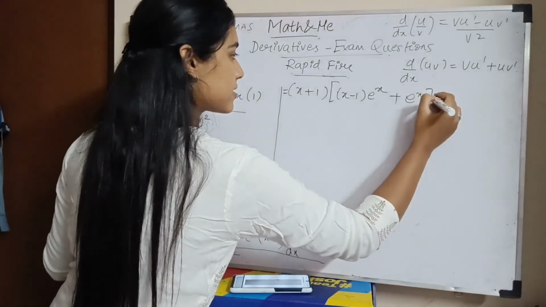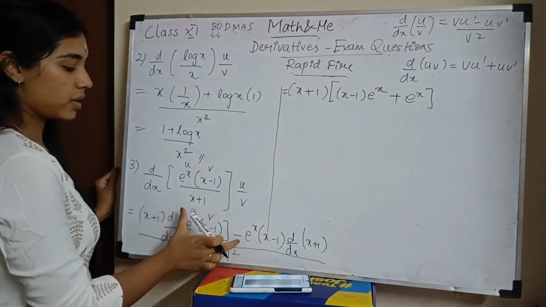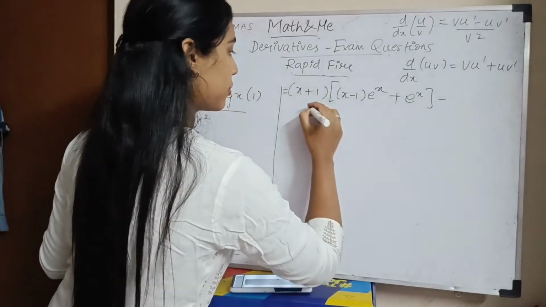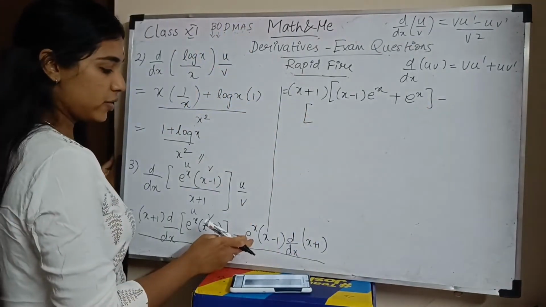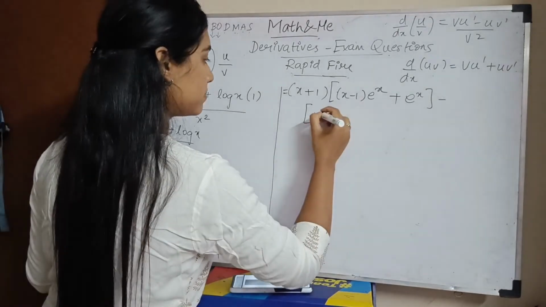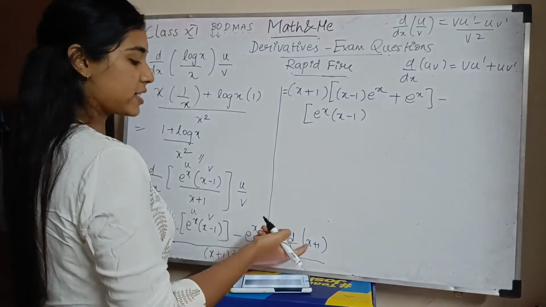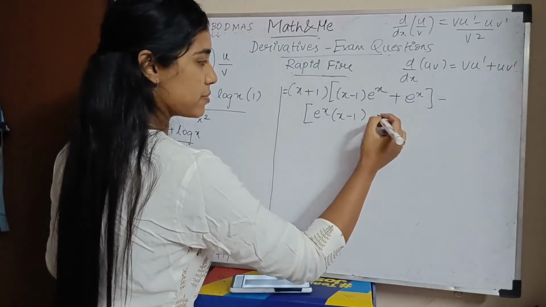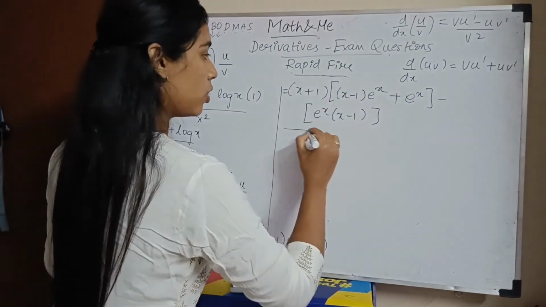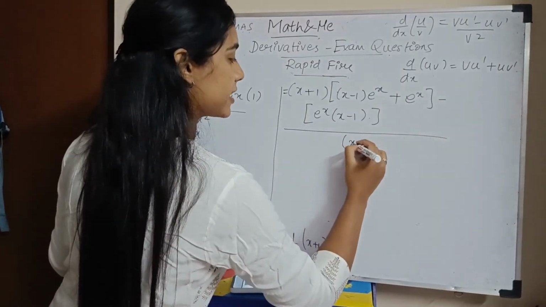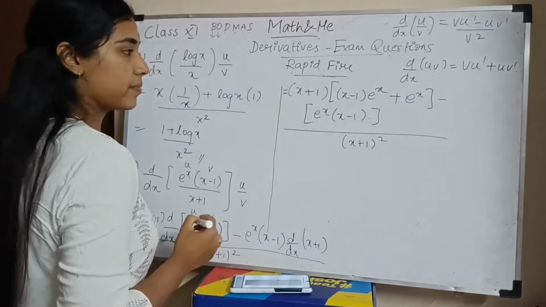So it's e to the x. Now this term is over. Now I have a minus. I'm going to open the bracket. e to the x times x minus 1. d by dx of x plus 1 is 1. So times 1, which is just 1, whole divided by x plus 1, the whole square.